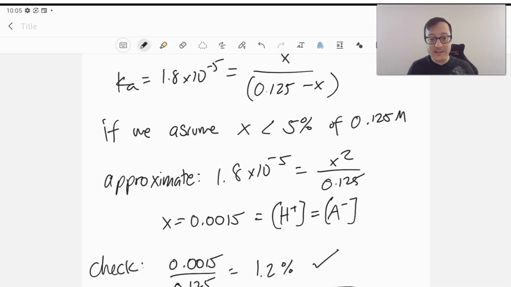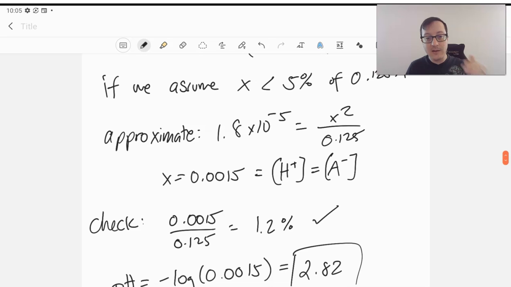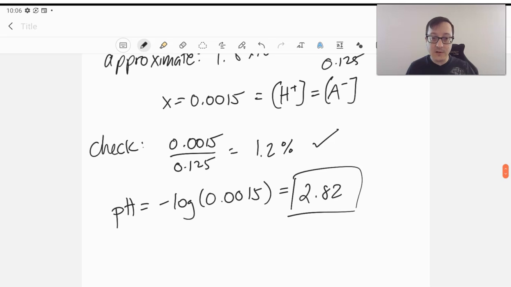And so with that assumption, we saw that indeed this x value we got was less than 5% of our original concentration, so our assumption checks out. And as a result, we're going to be able to just use that assumption, make the calculation super easy for us, just solving for x squared as a square root, and then we can go ahead and calculate our pH. All right, in the next video, we'll look at this a little bit more.